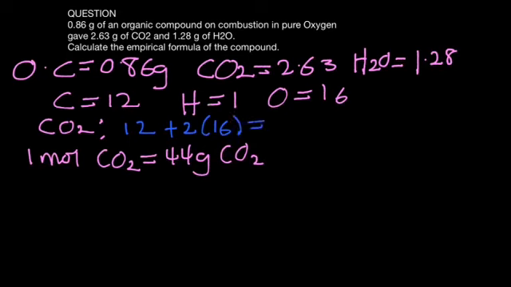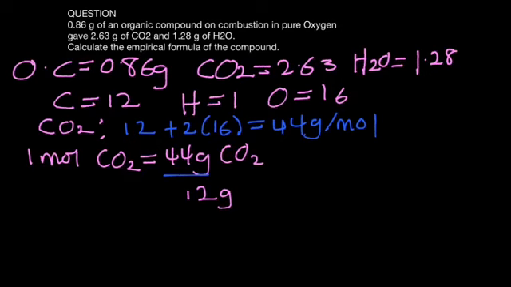So when we calculate that, we have 44 grams per mole of the carbon dioxide. So that is how we have our 44 grams by mass in 1 mole of carbon dioxide. So we know that in this 44 we have carbon constituting 12 grams.